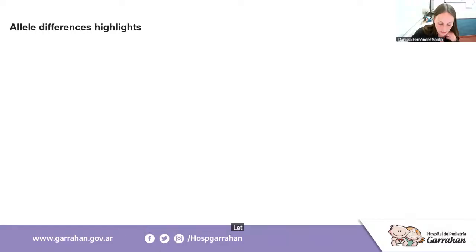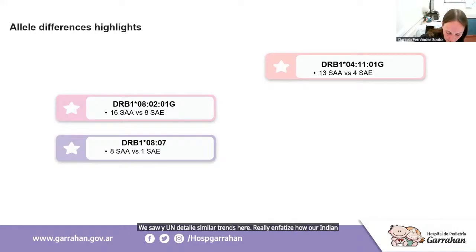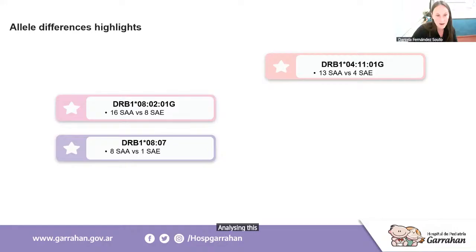Let's turn to class 2, which is our focus on HLA-DR. Building on those ancestral patterns we saw in HLA-A and B, we see similar trends here, which really emphasize how Amerindian influence shaped this distribution. Analyzing the DRB1 locus, 3 alleles previously described in Argentinian Amerindian populations particularly caught our attention.